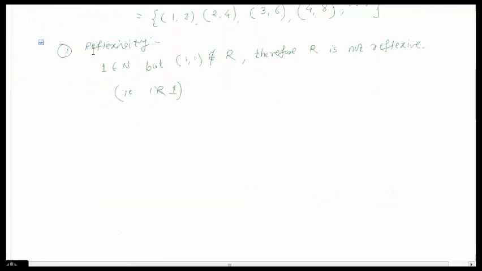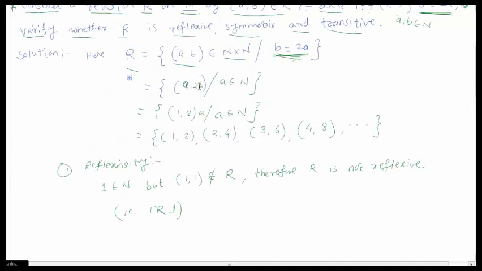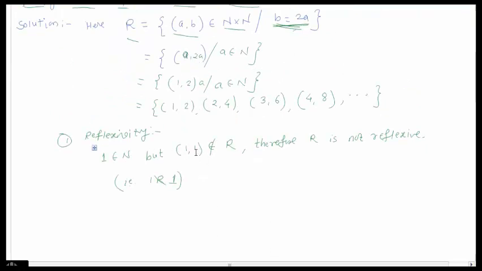Then we have to check the reflexivity of this relation R. See here, 1 belongs to N, but (1,1) does not belong to R, because the second component must be of the form 2a. (1,2) belongs to R, but (1,1) does not. For reflexivity we require each element to be related to itself.